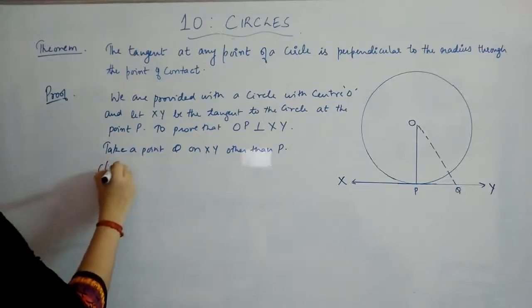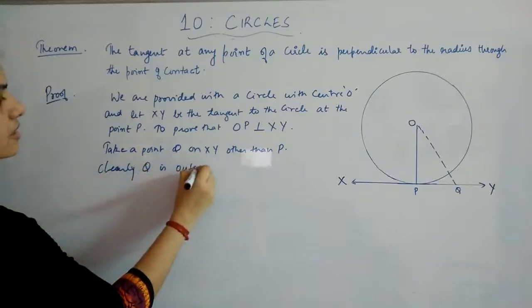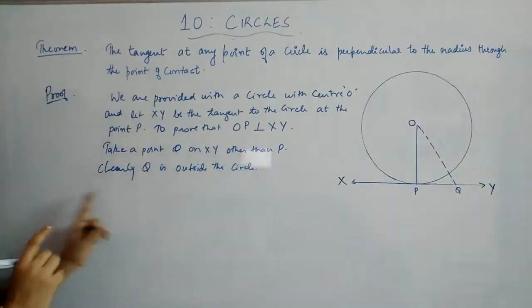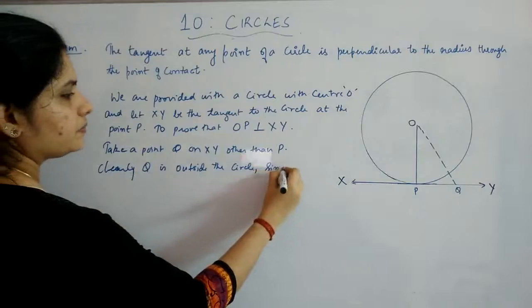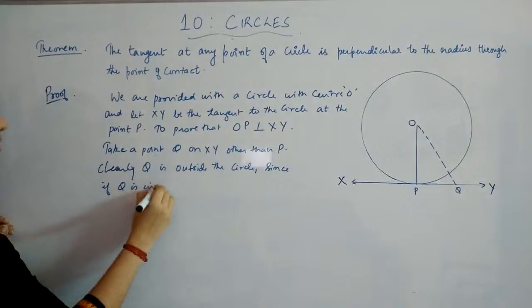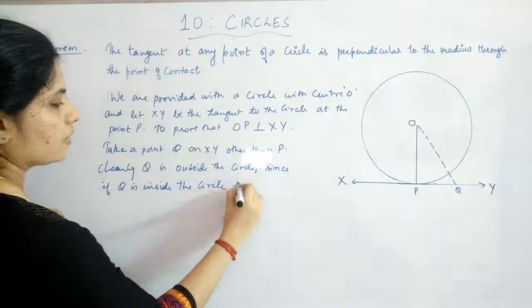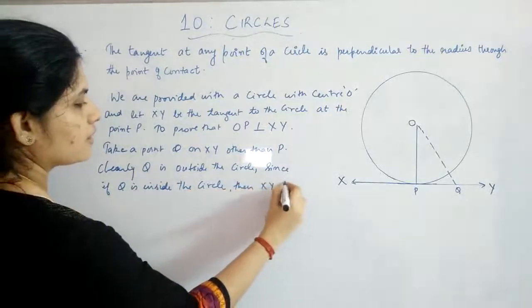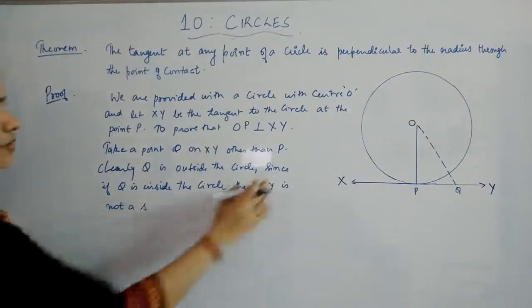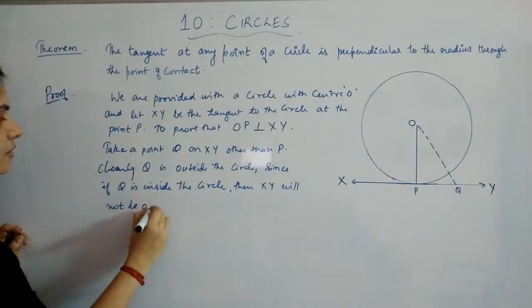Okay, clearly Q is outside the circle. Understood the reason? Since if Q is inside the circle, then XY will not be a tangent.